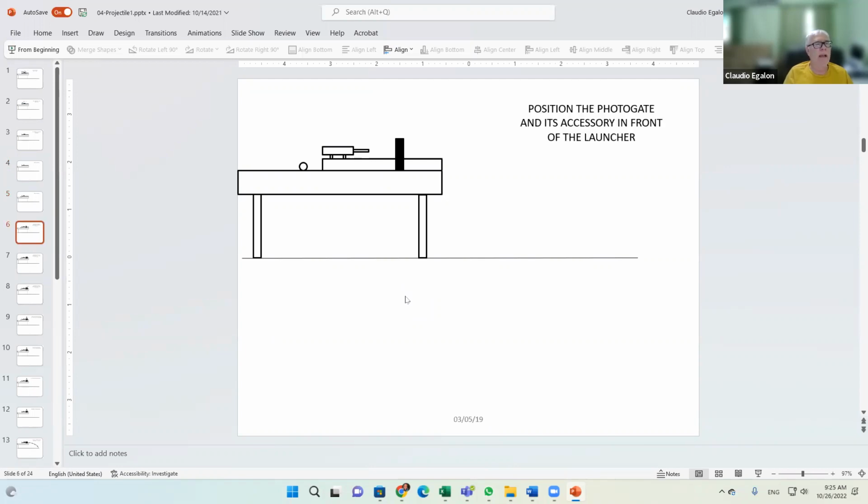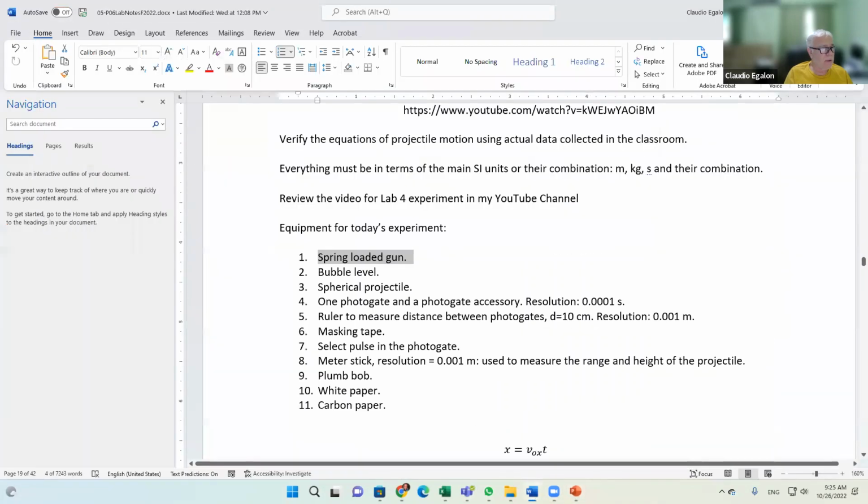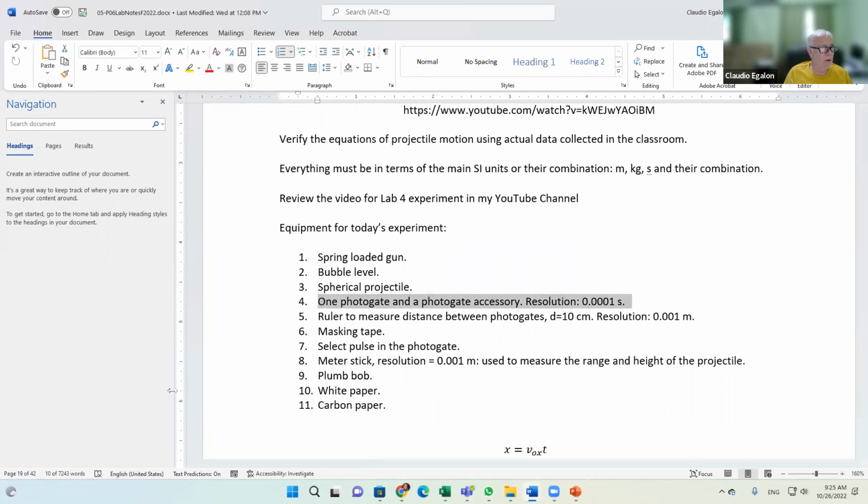And then what do we do next? We're going to use a photo gate. I'm going to tell you why we're going to use this photo gate. You're already familiar with that from a previous experiment. Let's see here: a bubble level, a spherical projectile, one photo gate and a photo gate accessory.